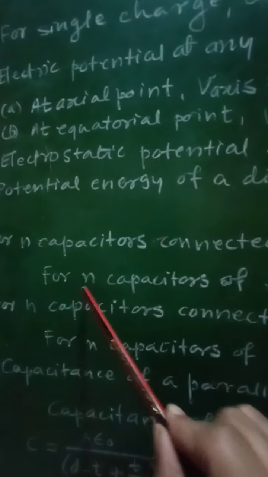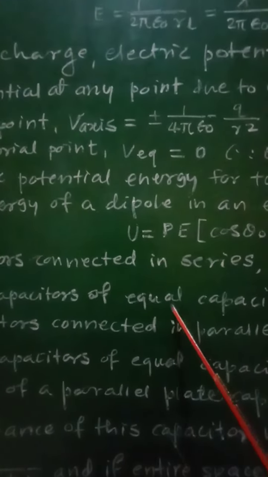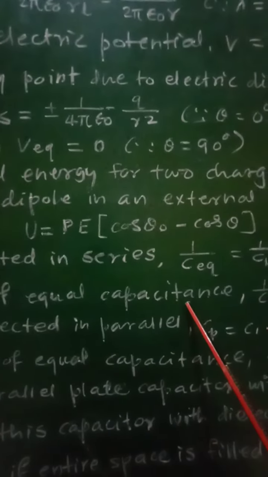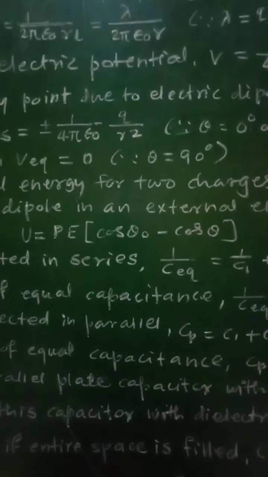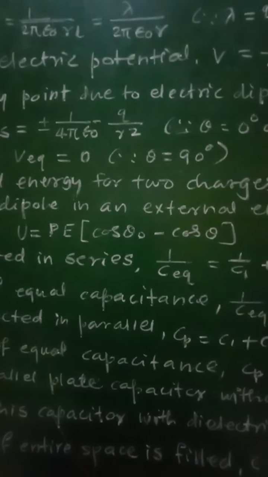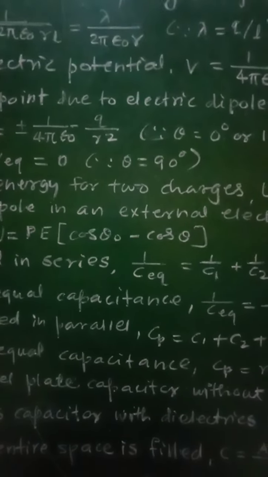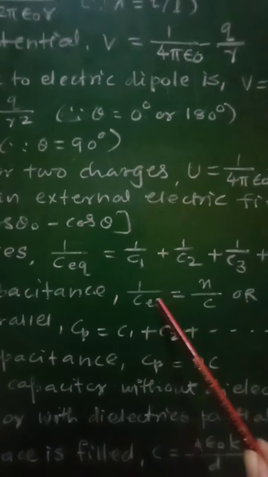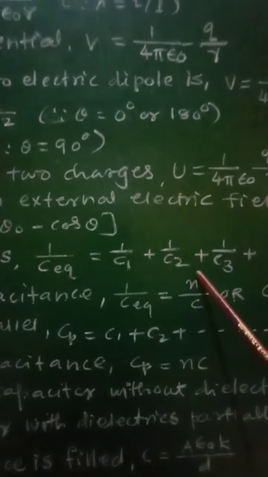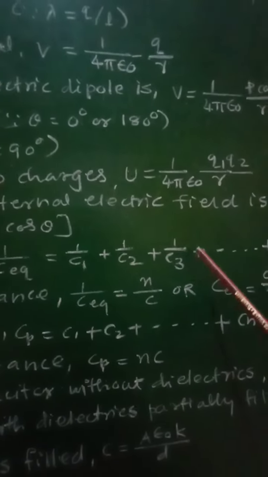Now in this combination, if the capacitance of all these n capacitors is the same, equal to C, that means C1 equal to C2 equal to C3 equal to C, then 1 upon C equivalent will be n upon C, because it will become 1 by C plus 1 by C plus 1 by C, n times.